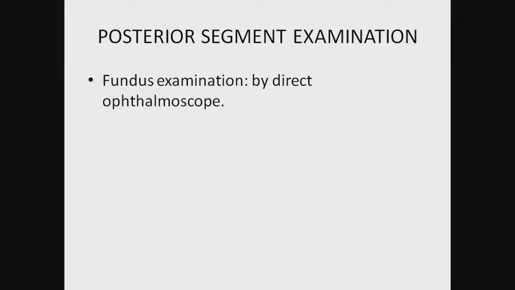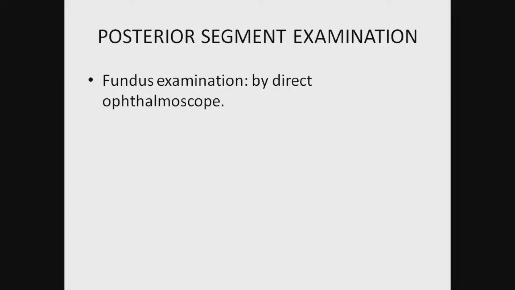Diabetic retinopathy: the patient may have a history of diabetes, and at least 10 years are required to develop diabetic retinopathy. So the patient will give a history of diabetes, and there are findings of diabetic retinopathy like hard exudates or hemorrhages, then dilatation of the veins.